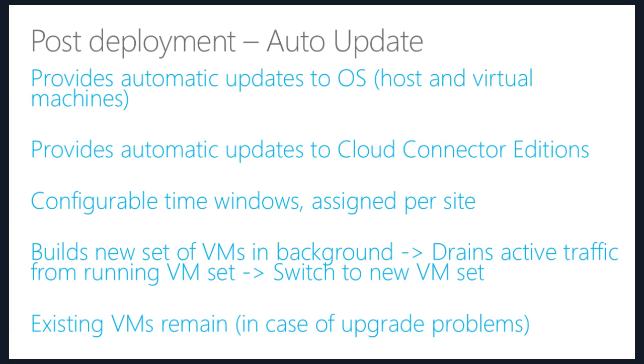Once those are complete, from a build perspective, the automation process will drain active traffic from your running VM set. And once those are completely drained, we'll switch to using the new VM set. The existing VM set will remain, so in the event that something goes haywire or a little off when the upgrade happens, it can always go back to the previous virtual machines and continue running.